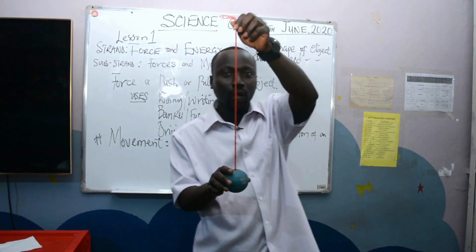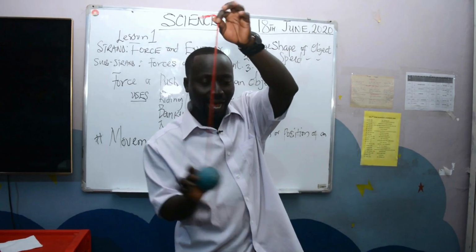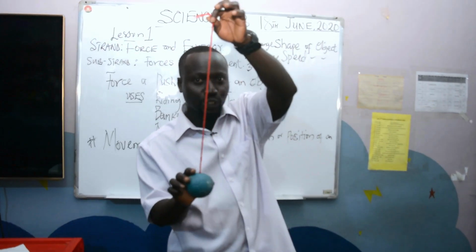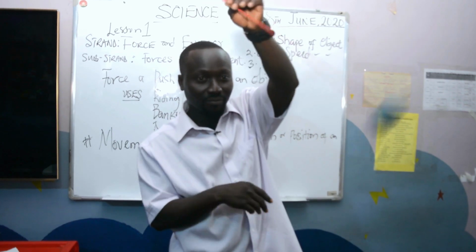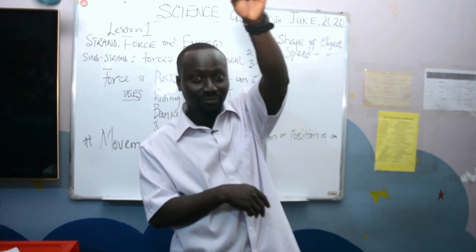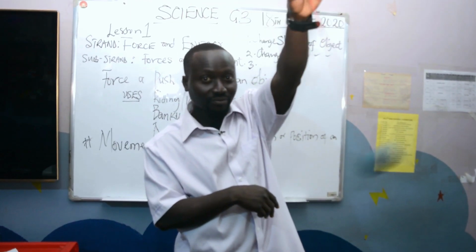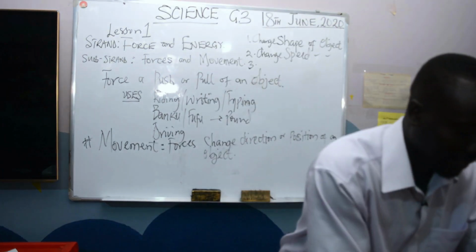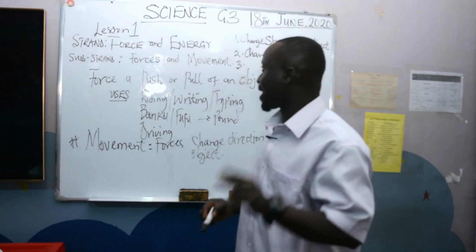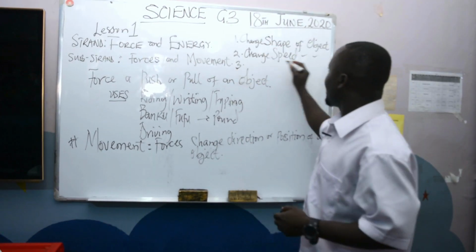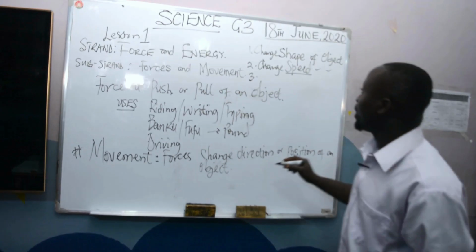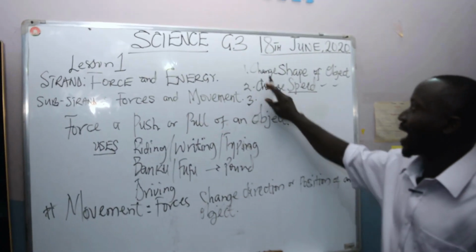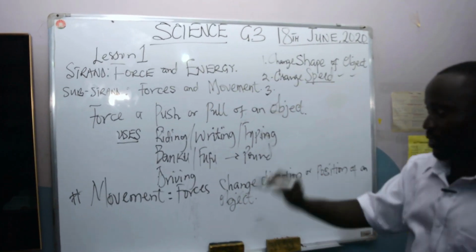Now, I am going to push the ball harder and observe the speed. Very good. As you can see, in the two instances, the speed of the ball changed because I applied force.